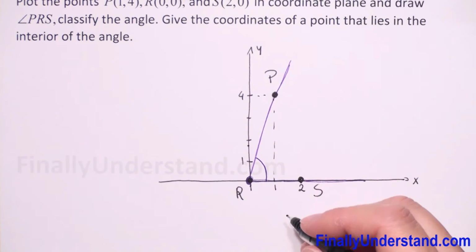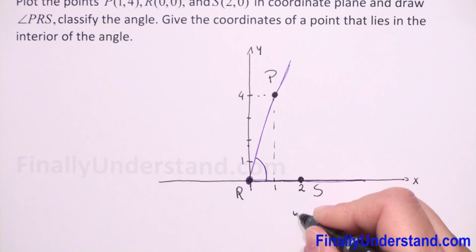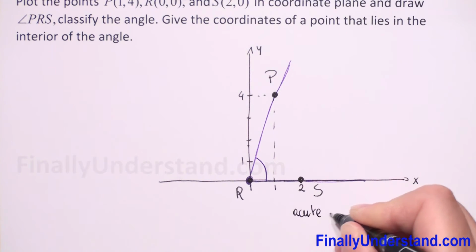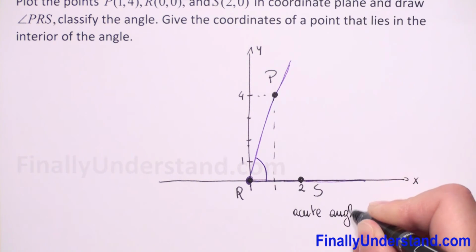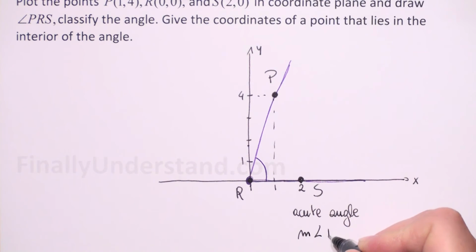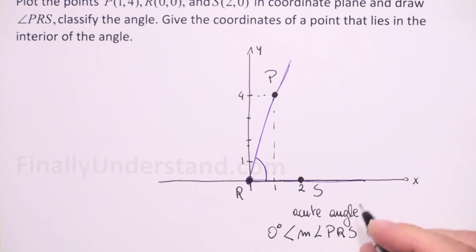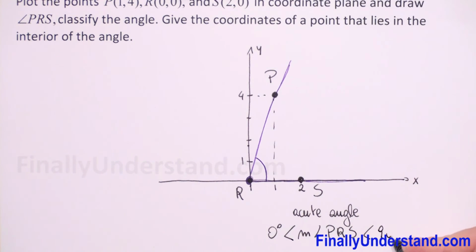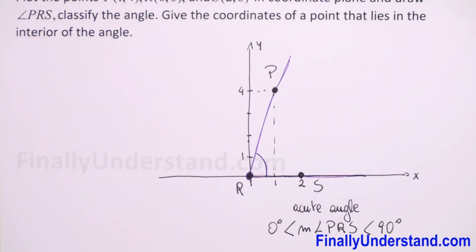Let's write this: we have an acute angle, because the measure of angle PRS is between 0 and 90 degrees.